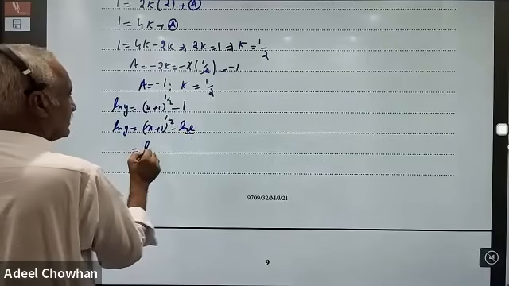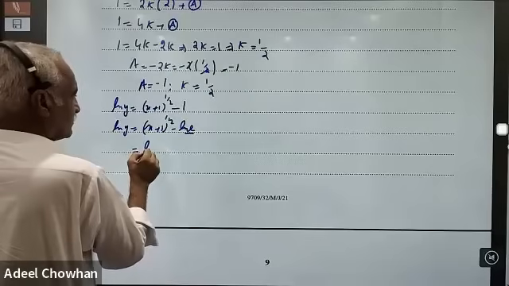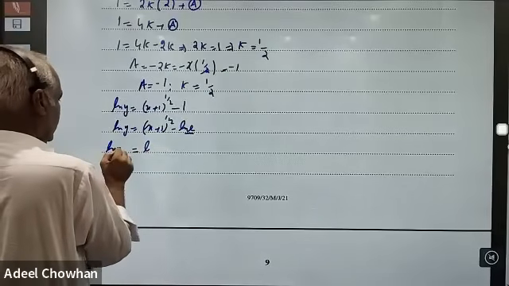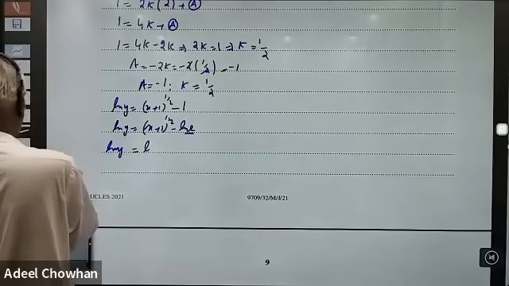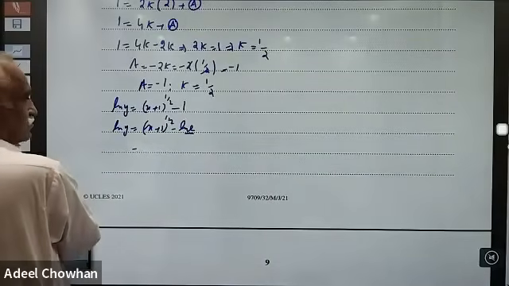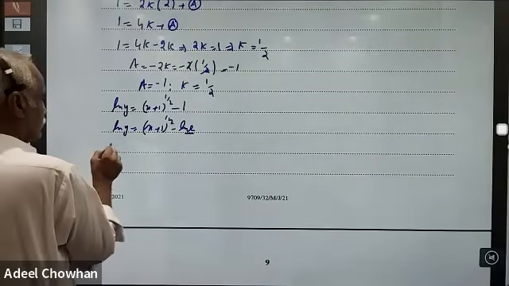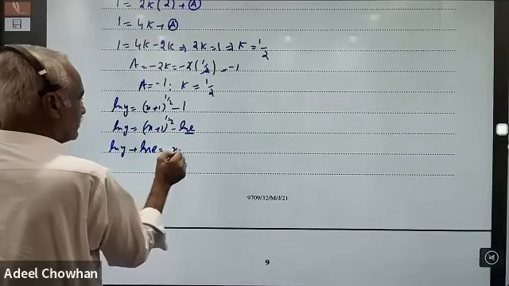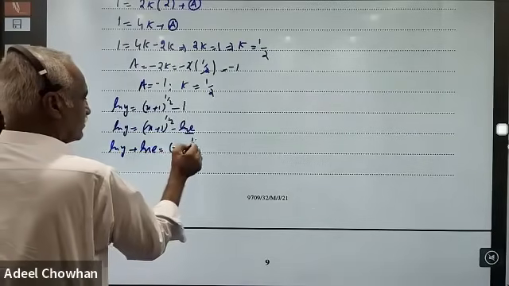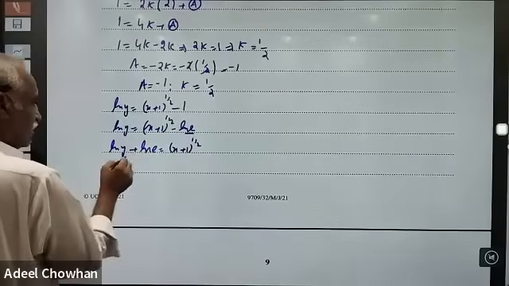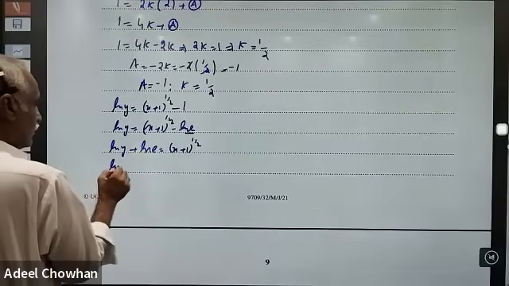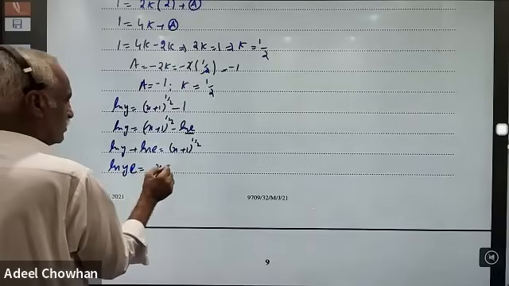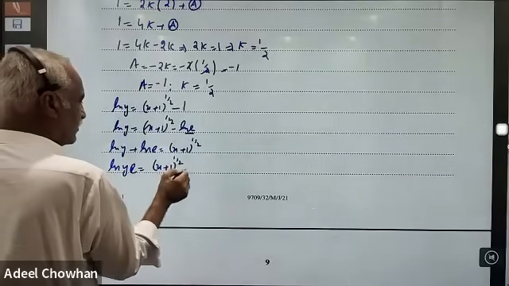So we can write this as log of y plus log of e is equal to x plus 1 power half, or log of ye is equal to x plus 1 power half.